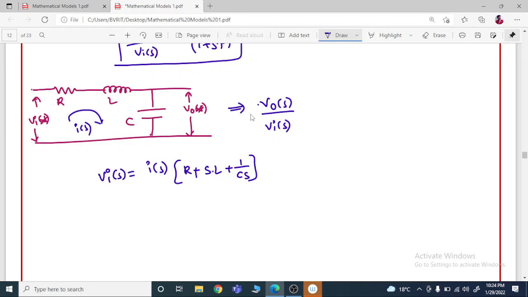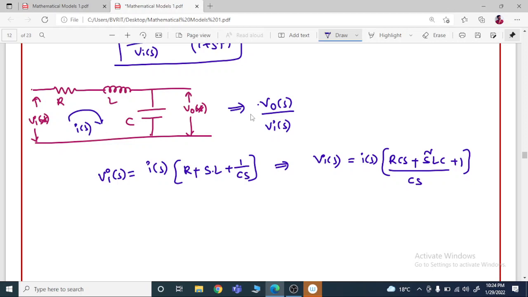So here this can be written as Vi of S is equal to I of S into R into CS plus S square into LC plus 1 divided by CS.